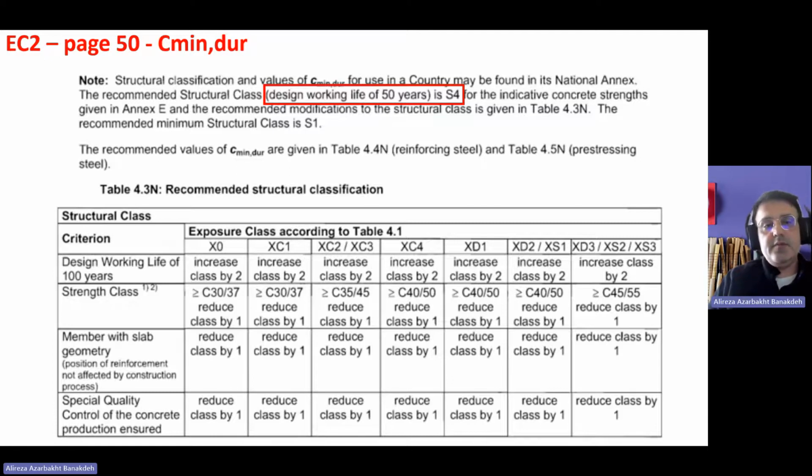If you go to the table, for the first column, based on the strength class of your concrete, you should find your strength class, which in this example is C40/50. You should reduce your class by 1. So by default it's S4, and based on this table you reduce it by 1, you get S3 for your structural class.